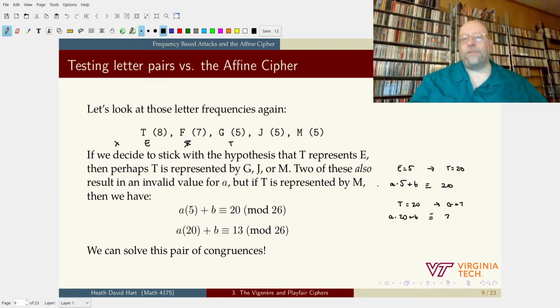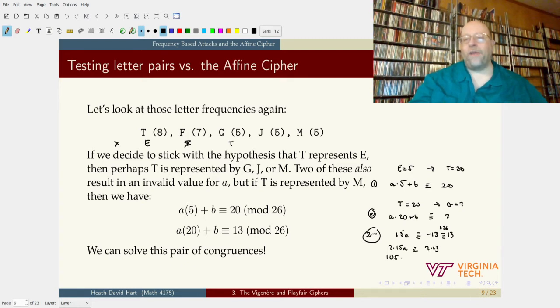If I subtract 2 minus 1, I get 20A minus 5A is 15A. B minus B goes away and gets me 0. And 7 minus 20 is negative 13. But negative 13 is the same as positive 13 because we're in mod 26. If I add 26, that gets me into the range from 0 to 25. To cancel the 15, I need to multiply by 7. 7 times 15A is congruent to 7 times 13.